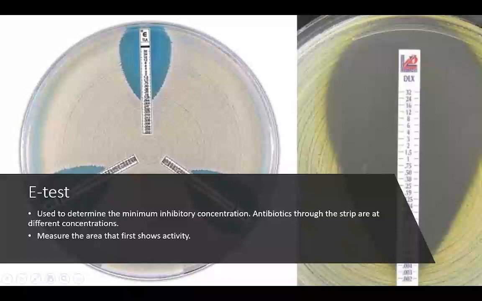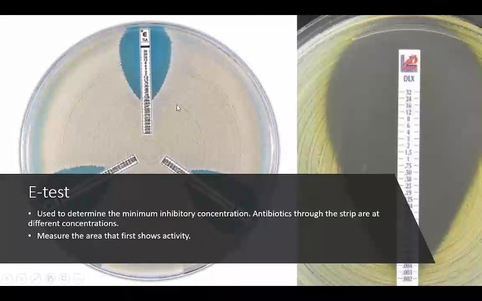So you just measure whichever zone, right, where that zone of inhibition starts. So right over here, you basically see that there's no bacteria growing right at about 0.006 for this particular organism. This one's erythromycin, and you can see it stops growing right about here. And so you can measure these zones of inhibition and the concentration that'll work for these bacteria, and these are really, really handy. In case you're wondering why they're called an E-test, that stands for epsilometer. Why does it stand for that? I don't know, but that's what they used to call these. And so there you go.